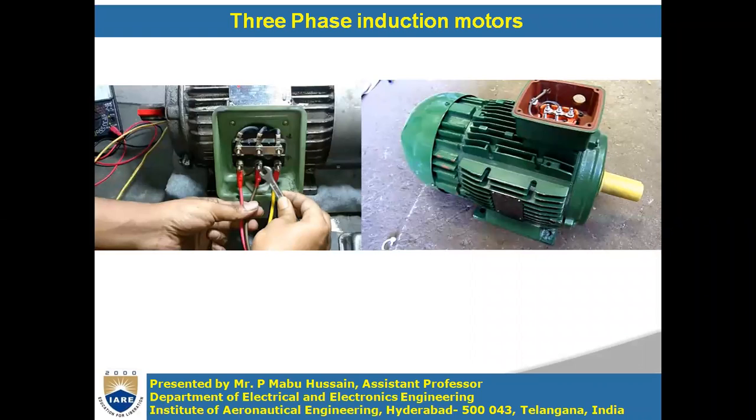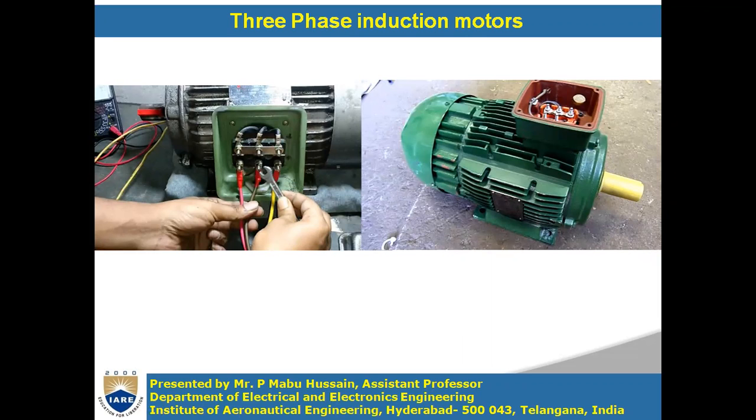If you observe the three-phase induction motors available in the market, there are two types of motors. In one type, all 6 terminals are given outside. You know that a three-phase induction motor has 3 windings, and each winding has 2 terminals, so in total 6 terminals.